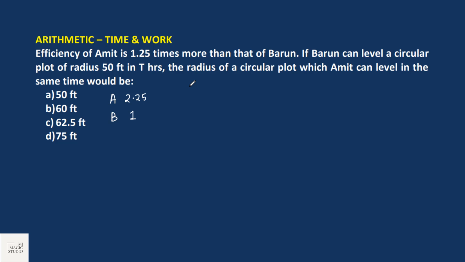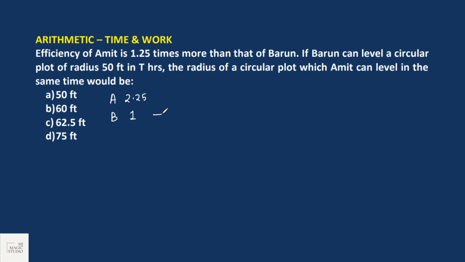Efficiency, go very quickly, try to convert that into units. Now, if Varun can level a circular plot of radius 50 feet in t yards, the radius of the circular plot which Amit can level in the same time would be?